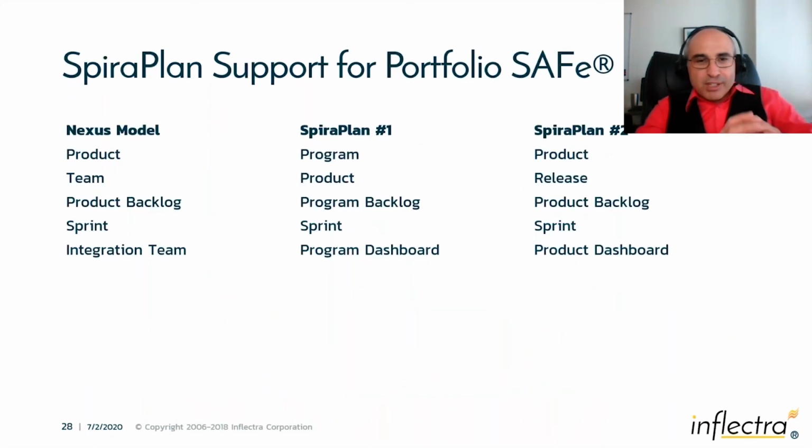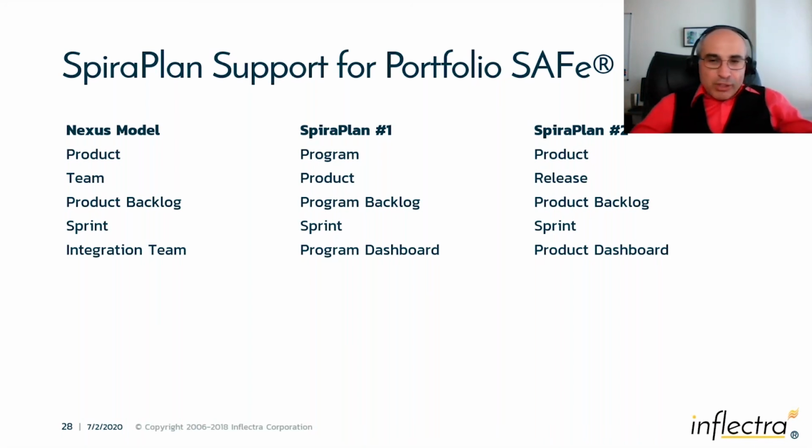And we have two ways of configuring SpiraPlan to do this. Flavor one is to use our program concept as the product and use the products as the team. The second approach is to use one of our products as your product and use our individual releases as the team. There are some pros and cons as to which way to go.